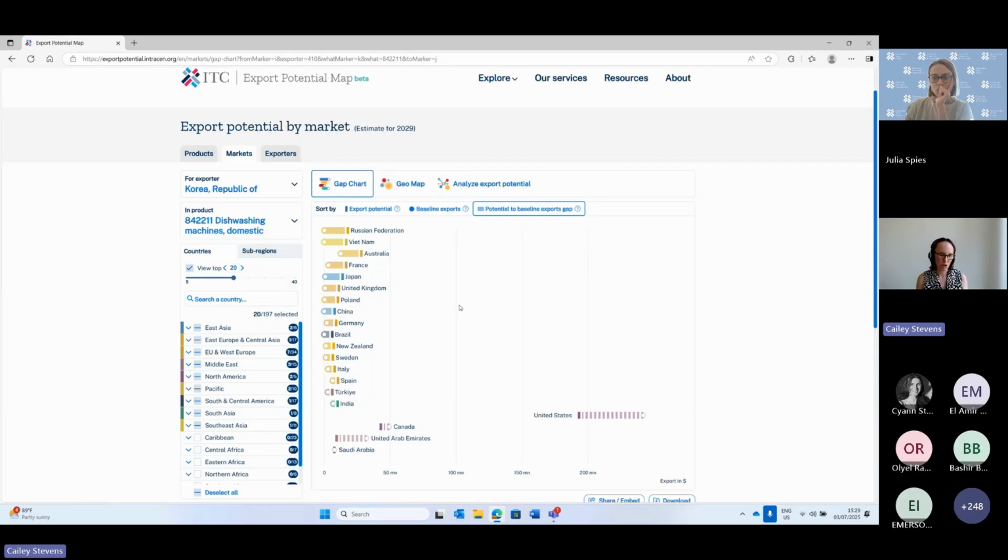And so the steel content of dishwashers is now going to be subject to a 50% additional tariff in the US market. So if you want to find an alternative market to the US because you don't want to face this 50% additional tariff, export potential map is the key to identifying alternative markets with potential.